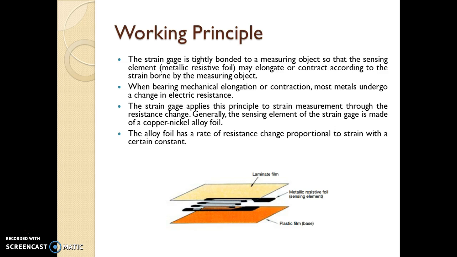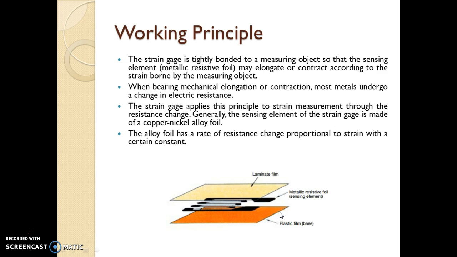Now, this strain gauge that we have just seen doesn't have a lot of mechanical strength. So in the market, you will find strain gauges which are bonded on a plastic base to give them mechanical strength, and they are also covered by a thin laminate film so as to isolate these strain gauges electrically. These two leads are brought outside and are available for electrical connections.